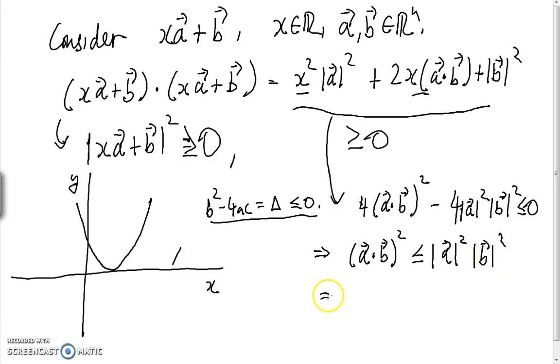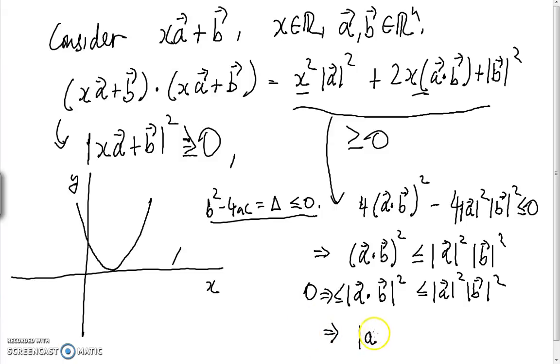Now (a dot b) squared is the same thing as the magnitude of a dot b squared, which is less than or equal to the magnitude of a squared times the magnitude of b squared. And square rooting both sides, since everything here is greater than 0, we're allowed to do that. We have the magnitude of a dot b is less than or equal to the magnitude of a times the magnitude of b.